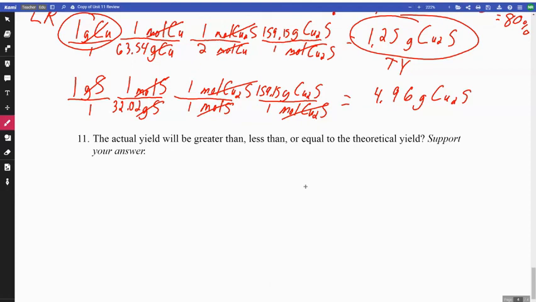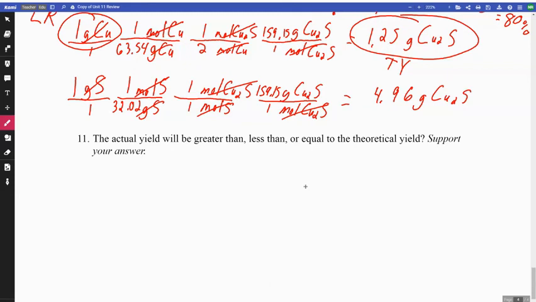Okay. Now, actual yield is how much product you actually get if you actually go into the lab and mix the chemicals and collect the product. Now, when you actually do the lab, notice I'm saying actually a lot. That's why it's called actual yield. We are never going to have 100% efficiency. There's always going to be a little bit of error.